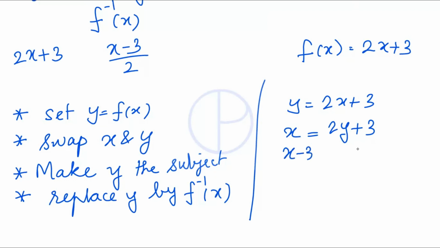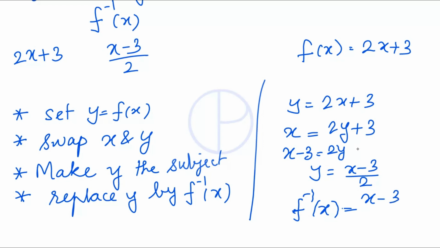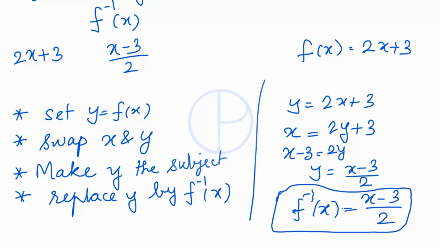So x minus 3 equal to 2y, or y is equal to x minus 3 divided by 2. Okay. Now replace y by f inverse of x. So f inverse of x equal to x minus 3 divided by 2. This is the inverse of the function f of x equal to 2x plus 3.